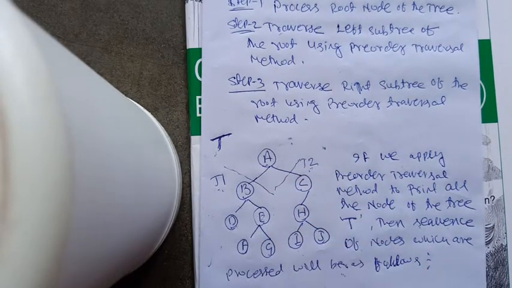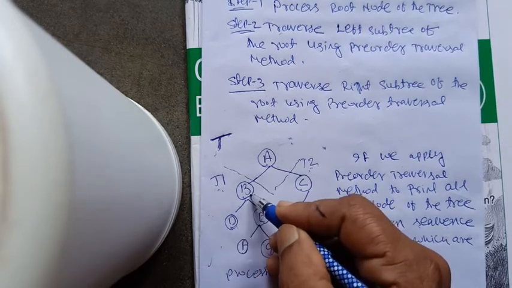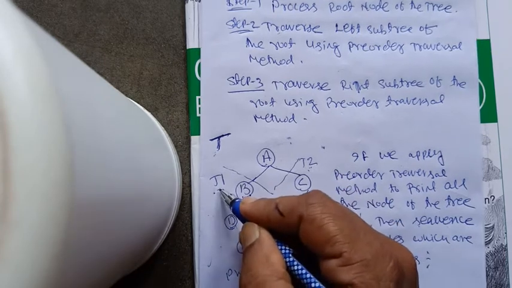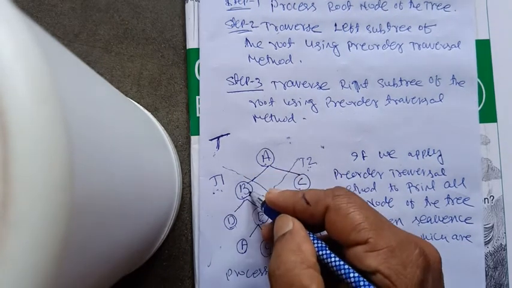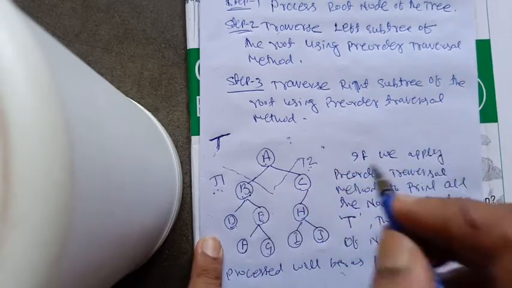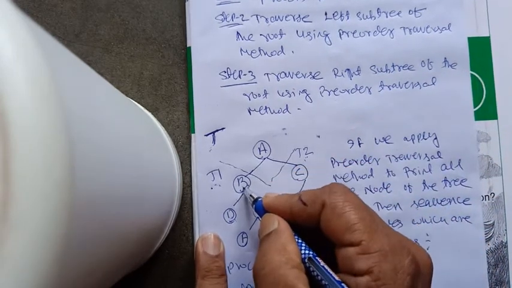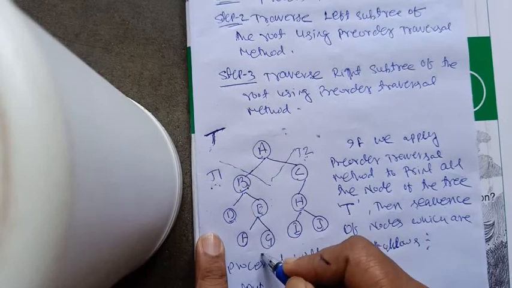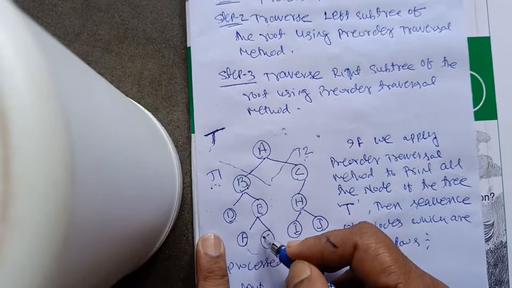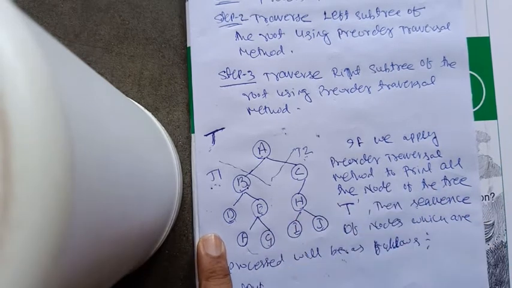Now after D is processed, D is in the left of B and B is the root of T1. So for the subtree T1, the root is processed and its left subtree is already traversed. Now for the tree whose root is B, we have a right subtree. This right subtree must be traversed again using pre-order.